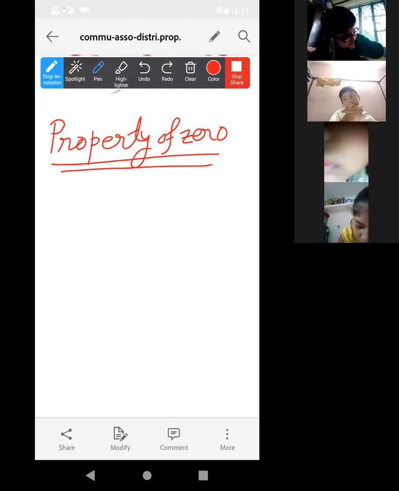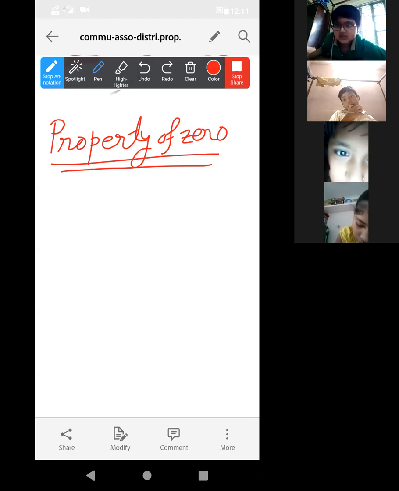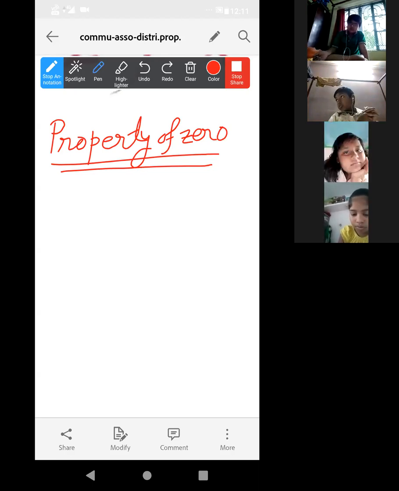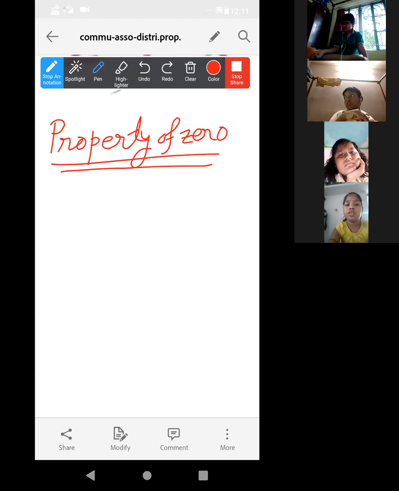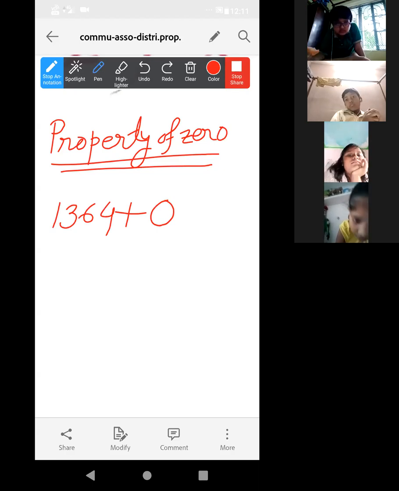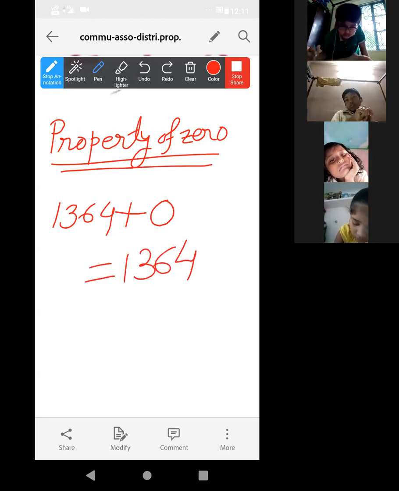Basically, there is a fixed rule for 0. All of you know it. If we add 0 to a number, what will be the answer? Will you get any other answer? No, that number will come back. Suppose I take 1364 and add 0 to this number. Then what will be the answer? 1364. Ultimately, this number is back.